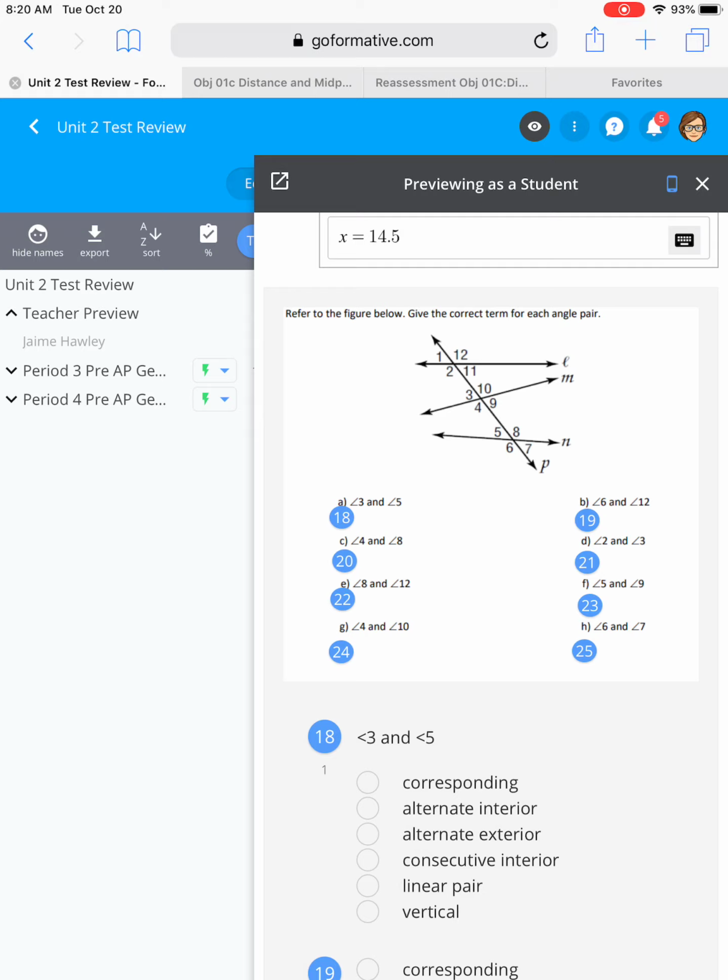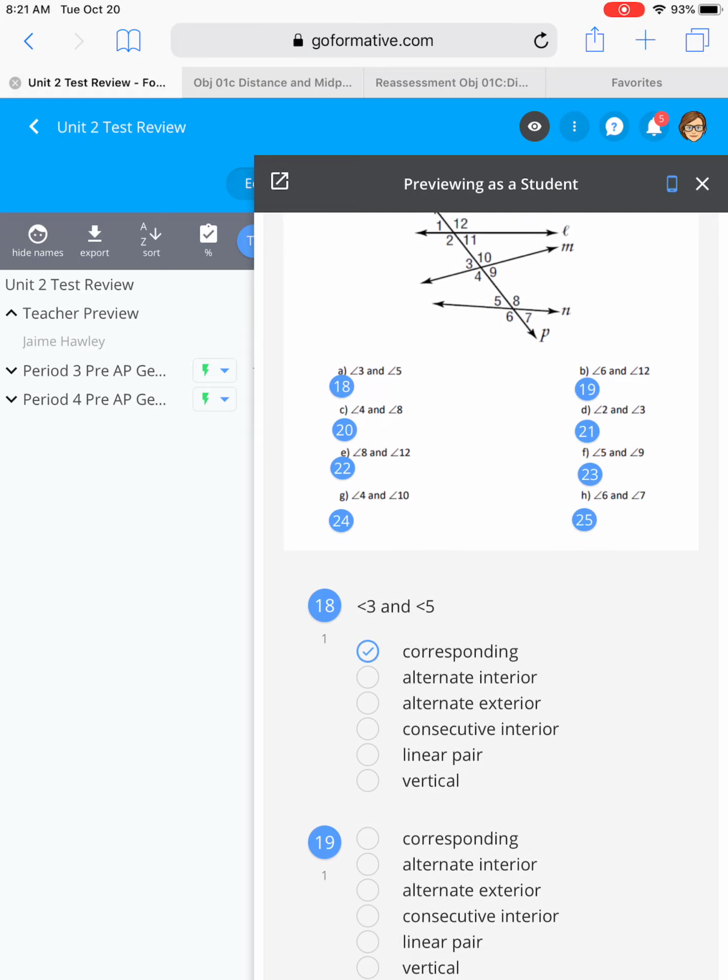Number 18 is naming again. 3 and 5 are corresponding.